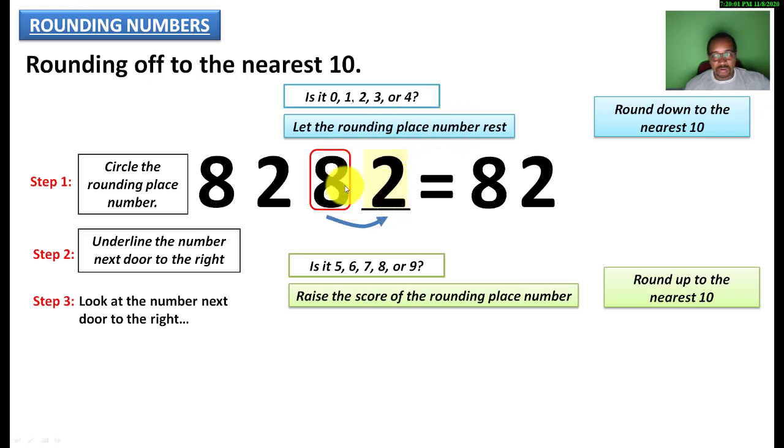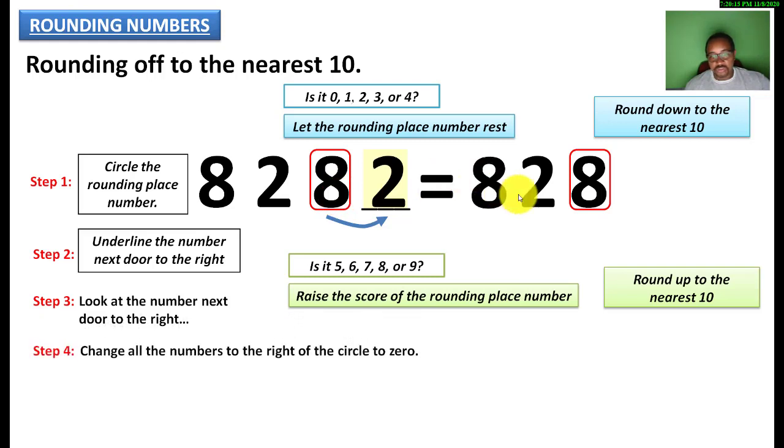So it goes over just as the 8, because the 2 is telling you let it rest. It's a 0, 1, 2, 3, or 4. It's a 2. Don't change this. Then the next rule says all your numbers to the right of the circle change to a 0. 8,282 rounded off to the nearest 10 is 8,280. Pretty cool, right? Good.